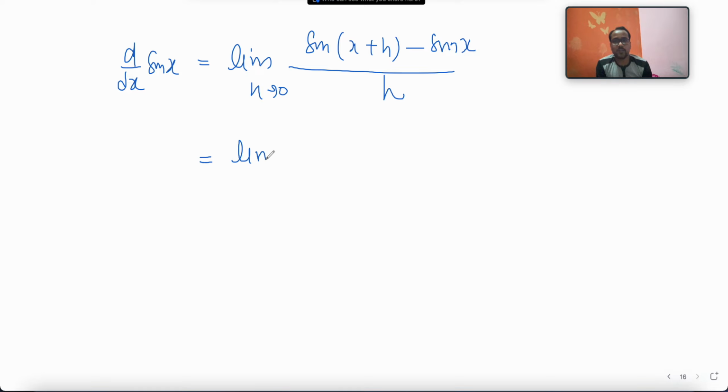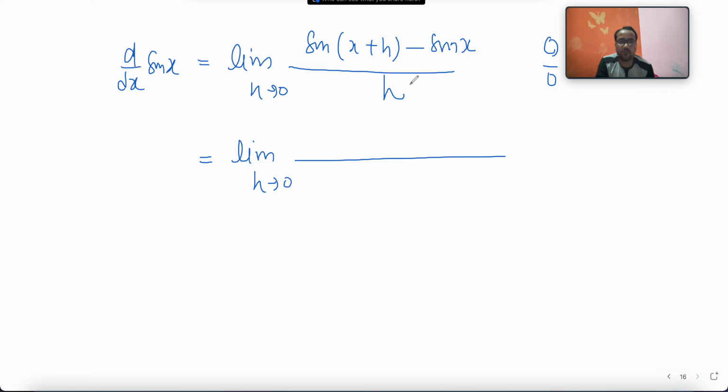Now to solve this limit, if I put h equal to 0 here, I would be getting sine x minus sine x upon 0. Sine x minus sine x is again 0. So 0 by 0 form. So whenever 0 by 0 form is there, we will try to manipulate the limit, or we can cancel the factors, or we can use some standard limits.